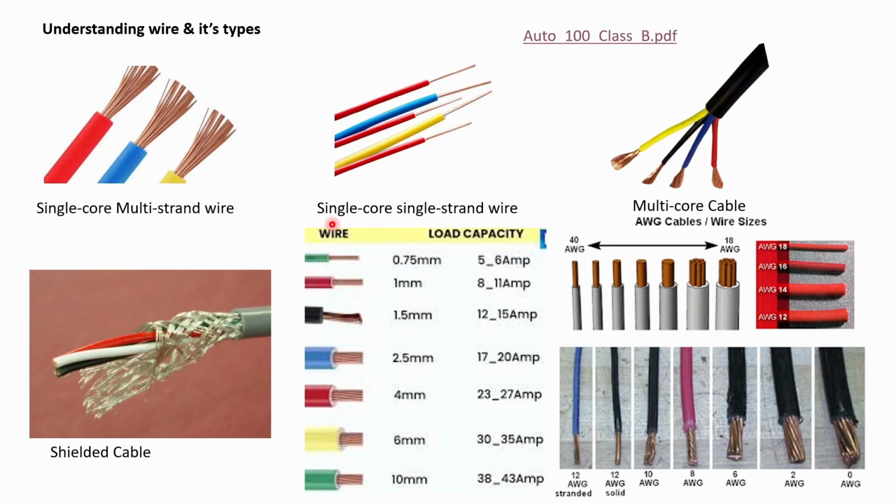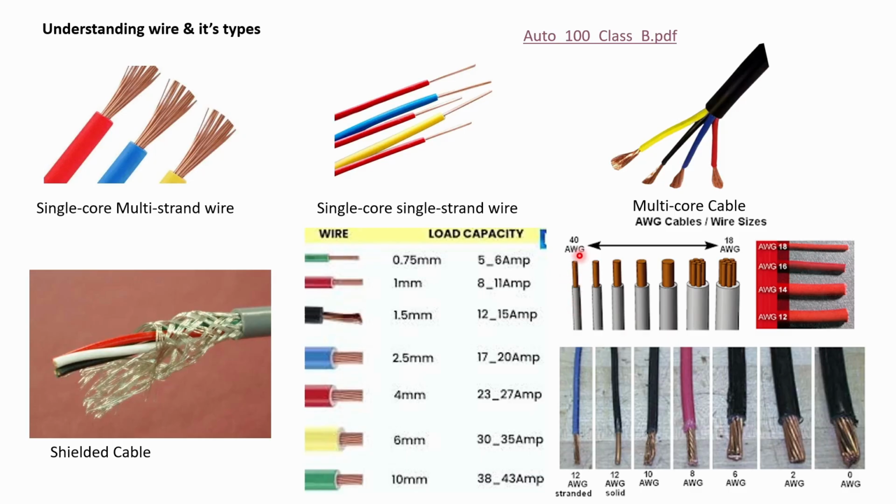This is a square mm guide of the wiring, and there is also American wire gauge, which is AWG. So AWG is the reverse of the square mm chart. So here the 0.75 square mm is the thinnest wire shown, but here the 40 AWG wire is the thinnest wire shown.